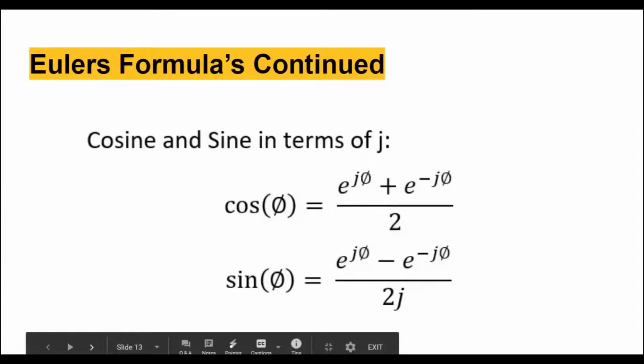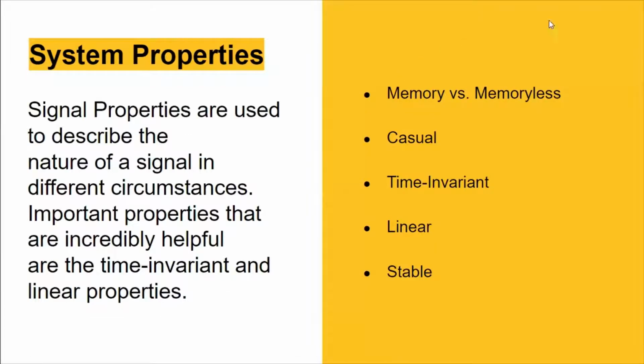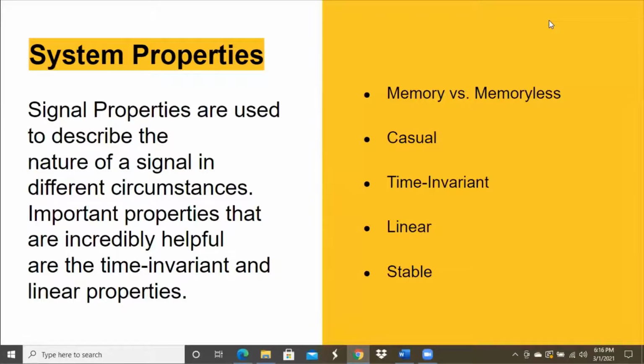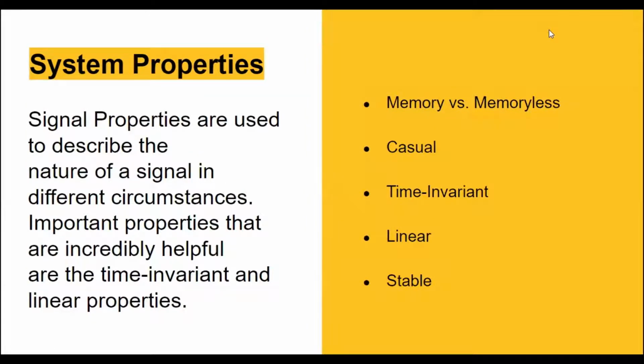So, moving on. We've talked about systems. I'm going to go a little bit more into detail about some properties of a system, and we're really concerned with 5 different properties.